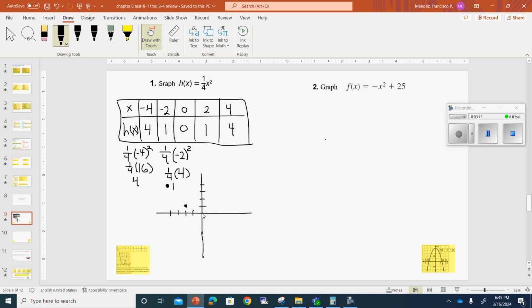When I'm at 0, I'm at 0, so that's going to be here. When I'm at 2, I'm at 1. And when I'm at 4, I'm at 4. And that means our parabola is going to go like this.